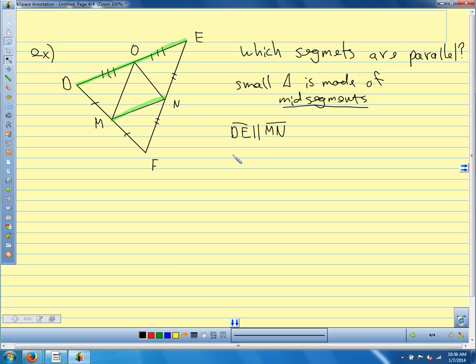How about segment DF? Which segment is that going to be parallel to? ON.